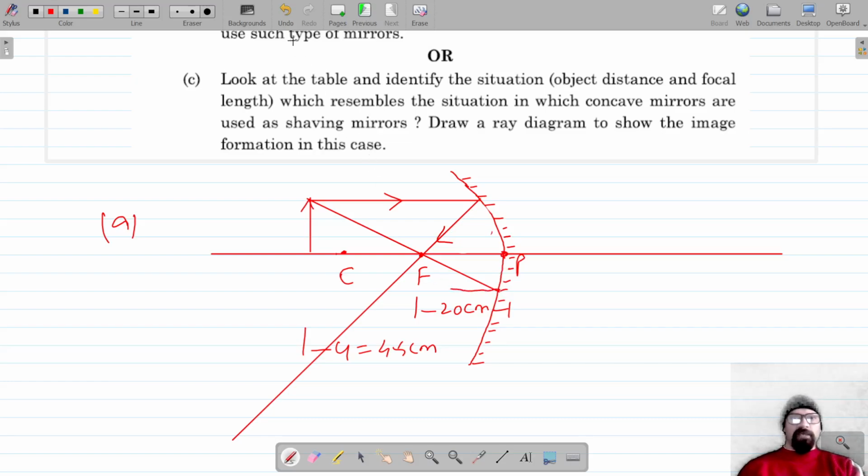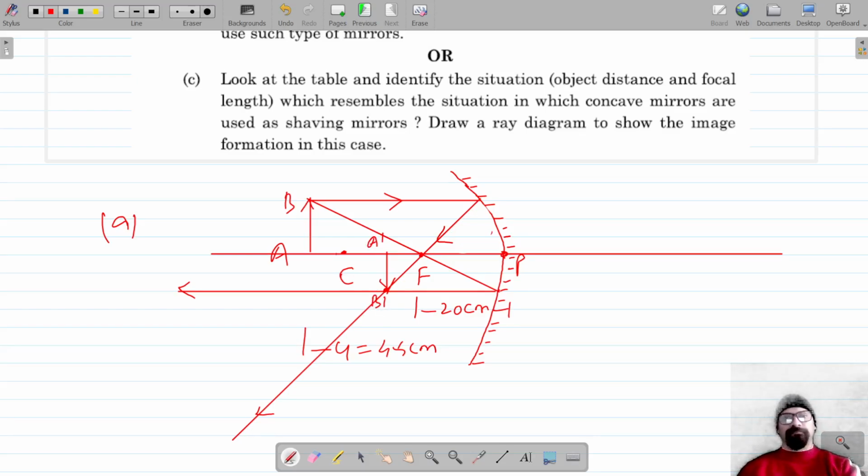These rays meet here, so the image is formed here, which is inverted. This is the object AB, and this is the image A dash B dash.